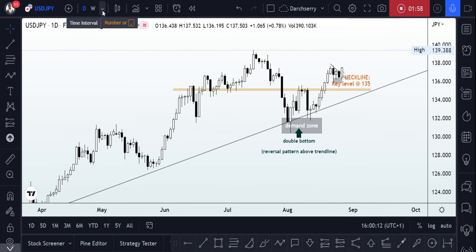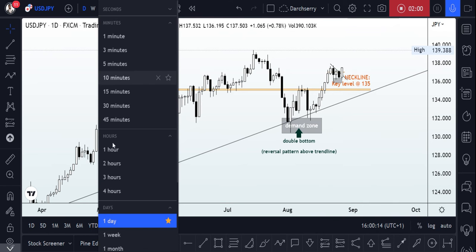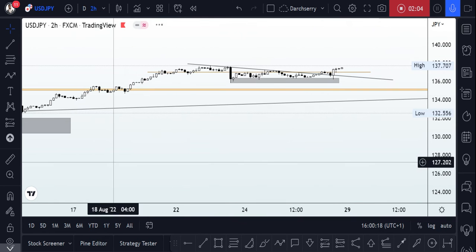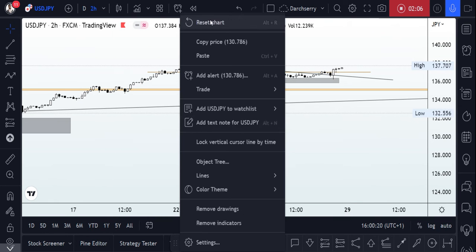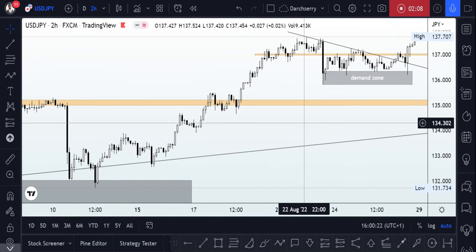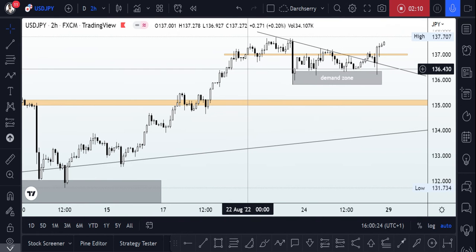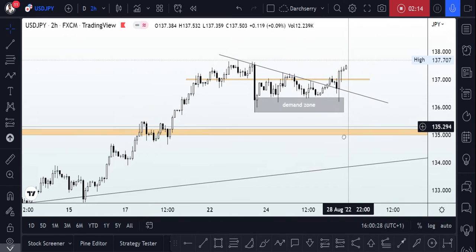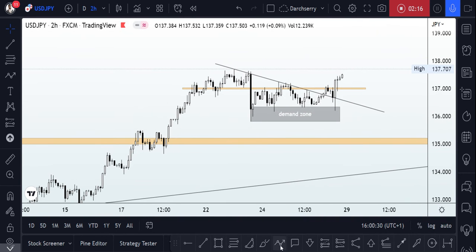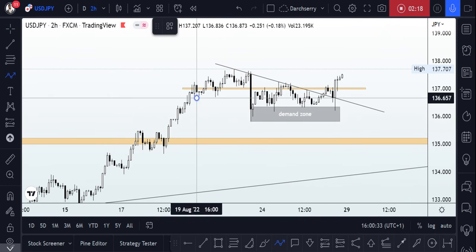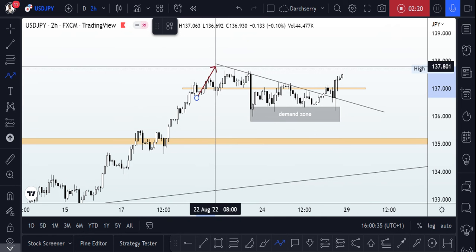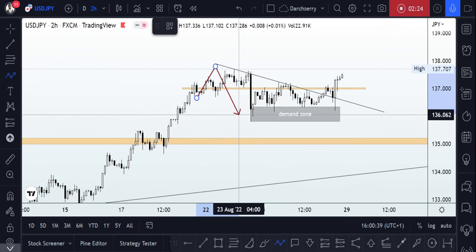So let's scale down to the 2 hours time frame, where I will be sharing with you how that scenario happened. We noticed that since the beginning of last week trading session, price was caught within a consolidation phase right between the 137.800 level and the 136.00 level.